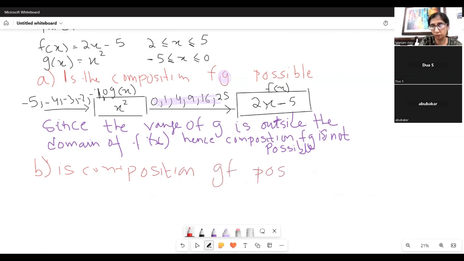Now what is the input function here? f(x). So start with f(x).